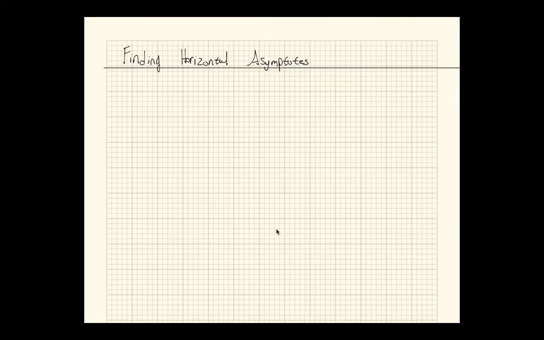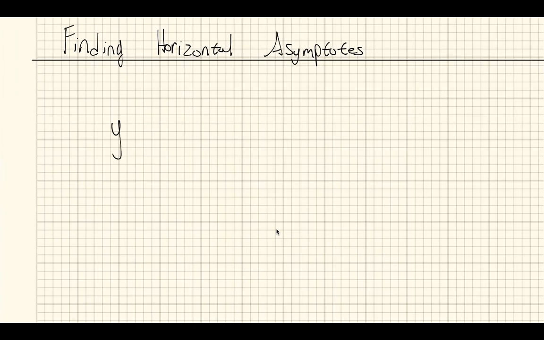So we're going to look at this: y equals x to the m over x to the n. Okay, and this might look kind of confusing.